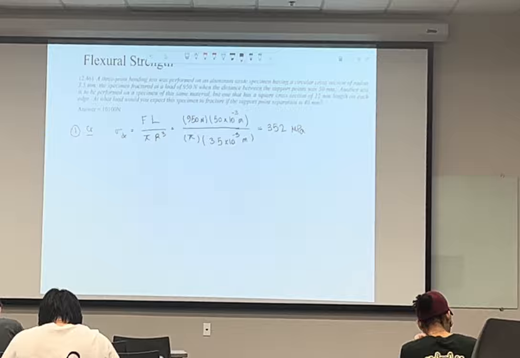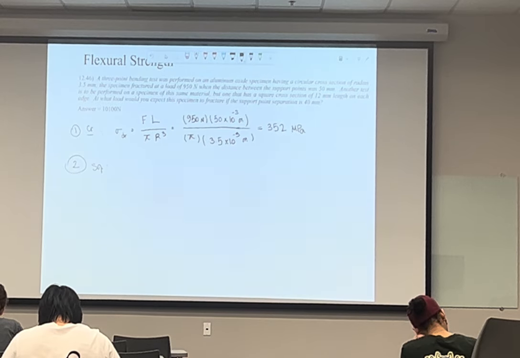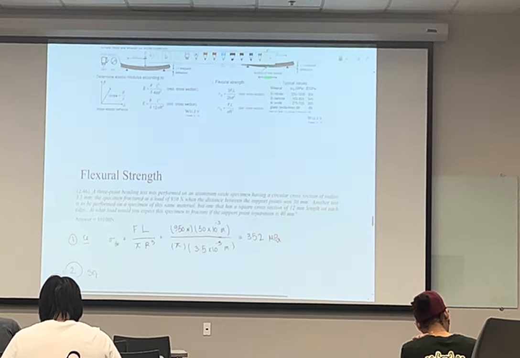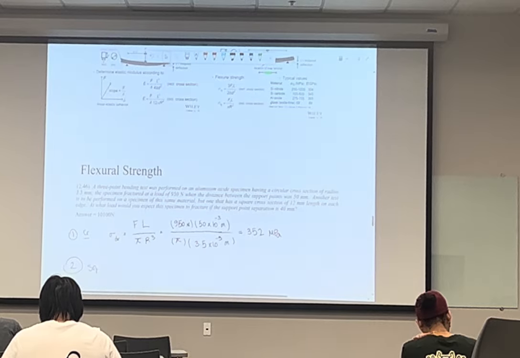Now we want to apply it in the second test. In the second test, we have a square cross section. For a square cross section, what was the formula? It was different.